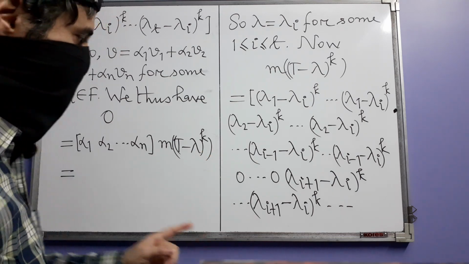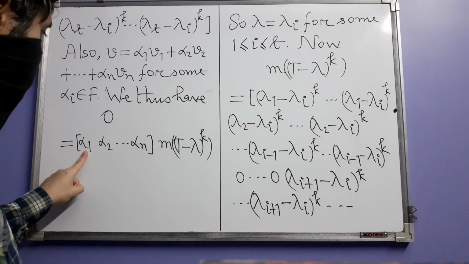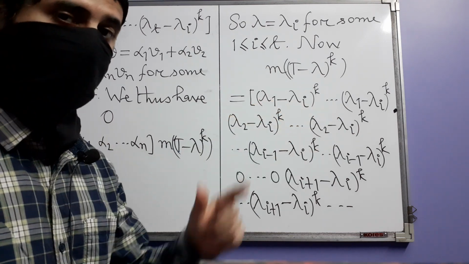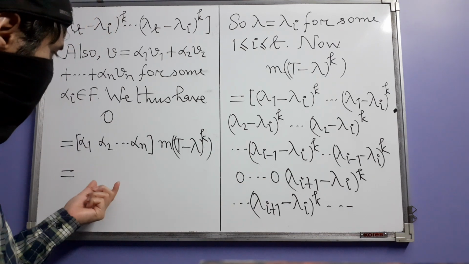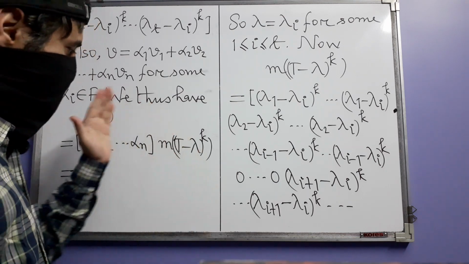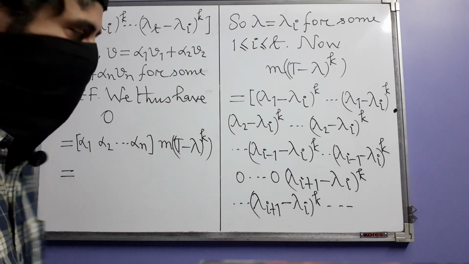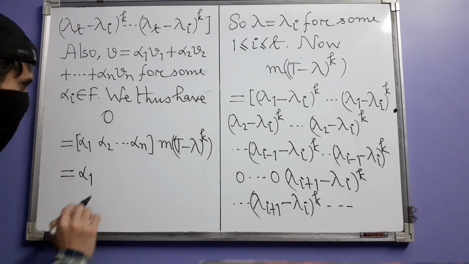What happens is that you multiply, for example, the first element of this row by the first diagonal element. So that becomes the first element of the resultant row. Second element of the row times the second diagonal element. It's just that. So that way you get this.